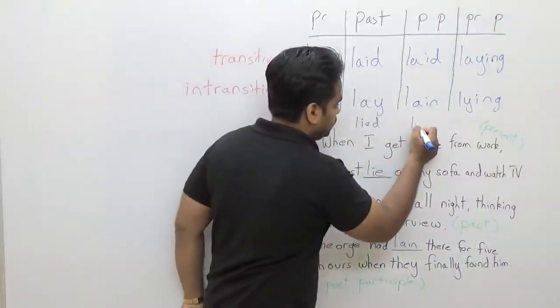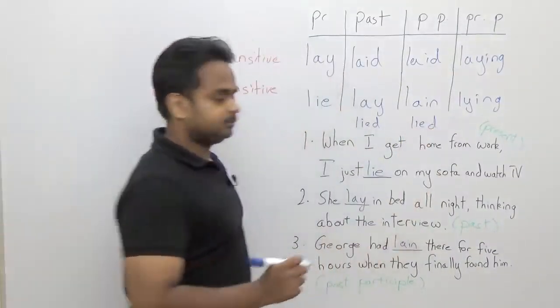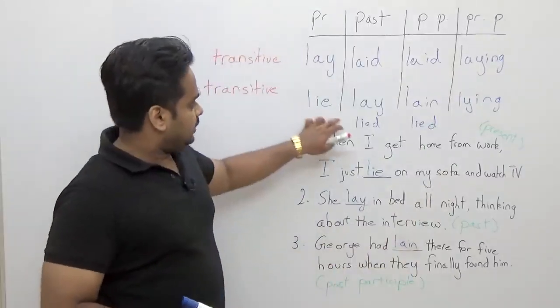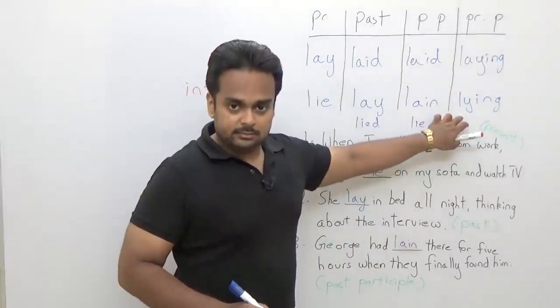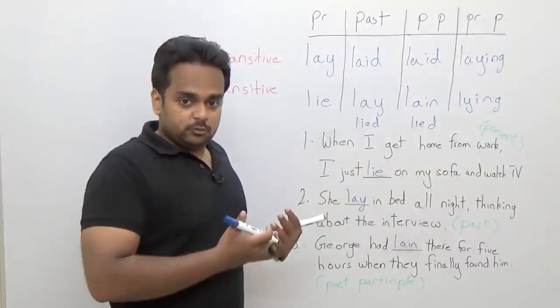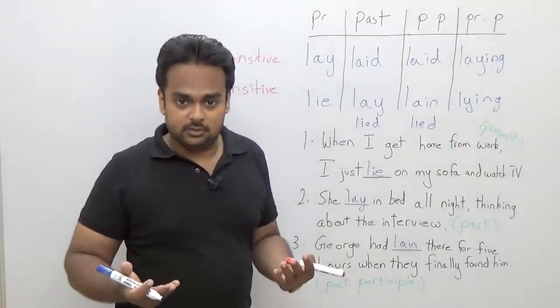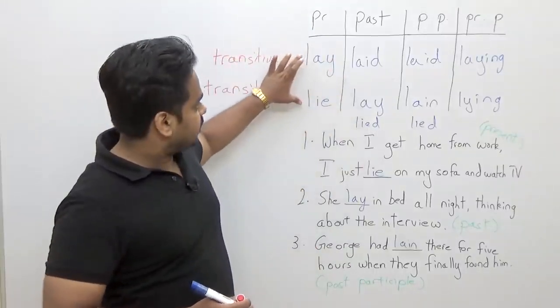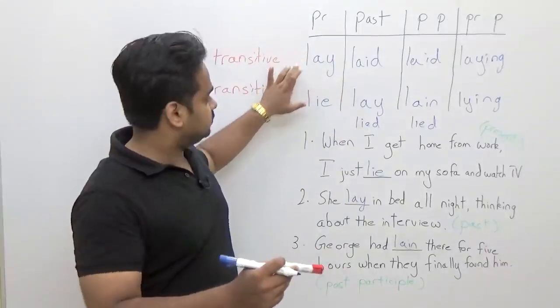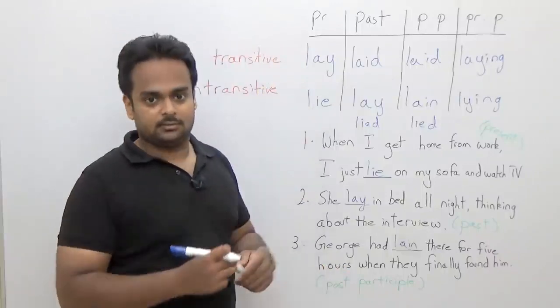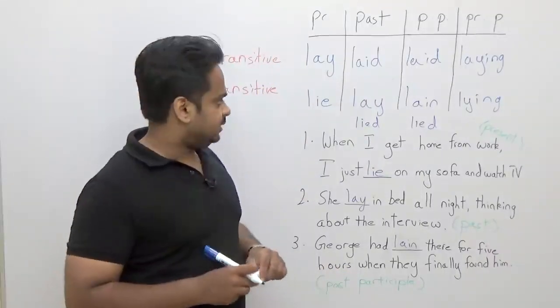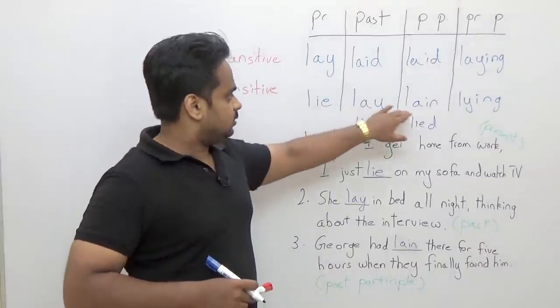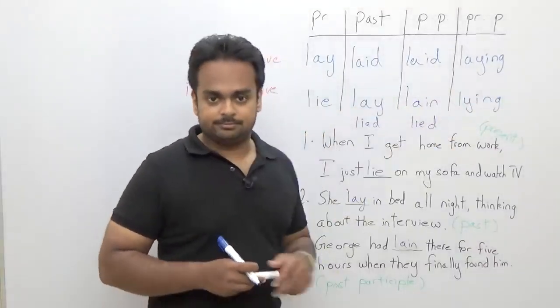And the past participle would also be lied. Okay? Lie, lied, lied, lying. So I lied to you about my height. I'm not 7 feet tall. Okay? But that's not what we're talking about here. We're talking about lay, to put something down, lie, to recline, remember. So in that meaning, it's lie, lay, lain, and lie.